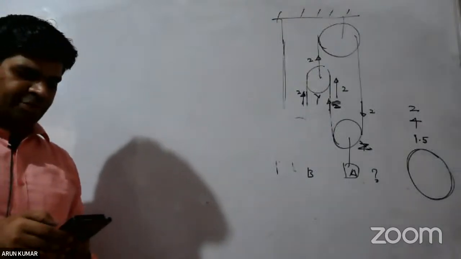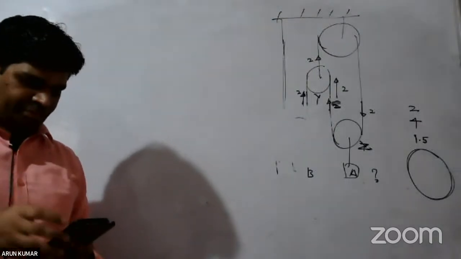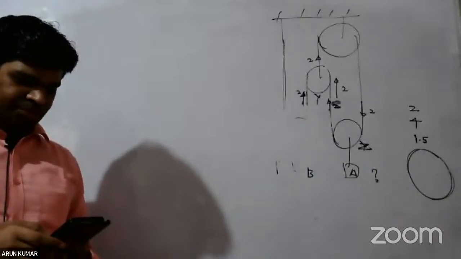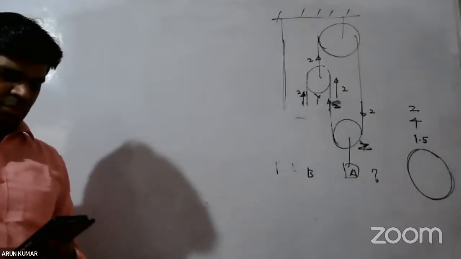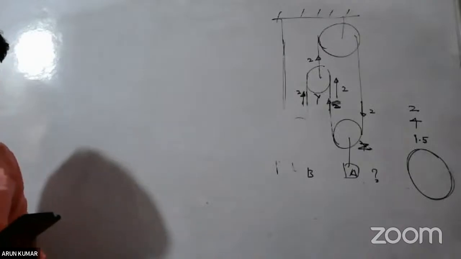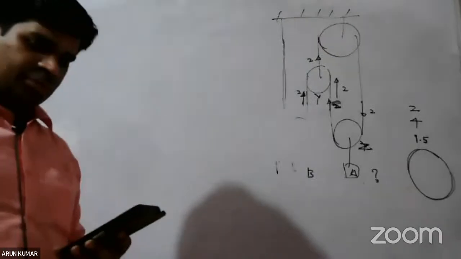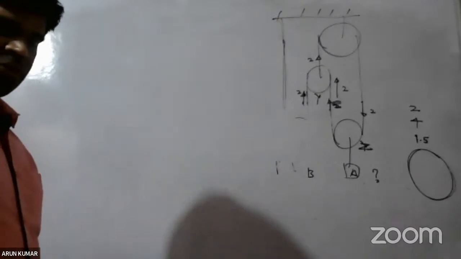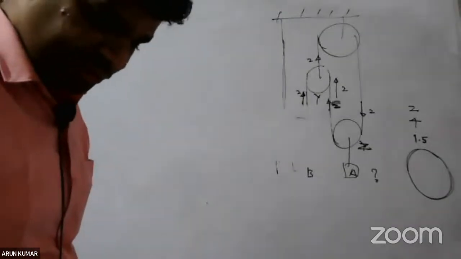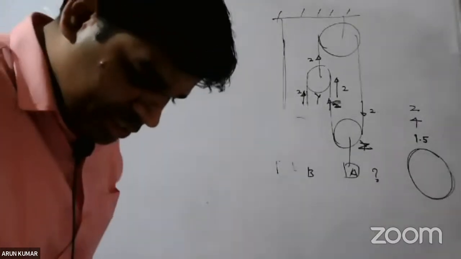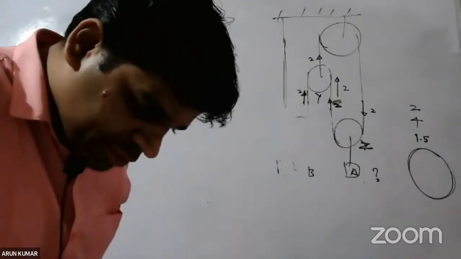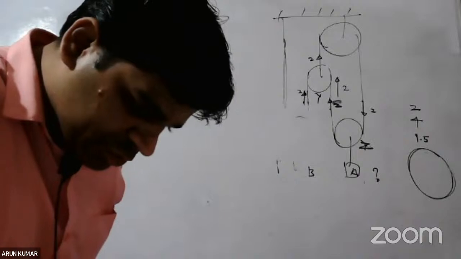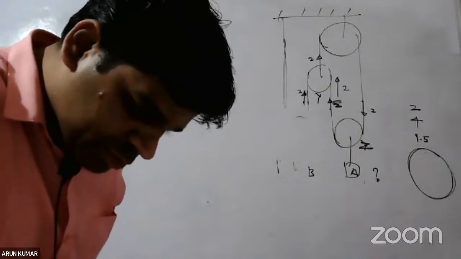Have you received the PDF? Yes, you have. Okay, look at the first page, sixth question. What does this question say? Large number of bullets are fired in all directions with a speed of v. The maximum area on the ground on which these bullets will spread is.